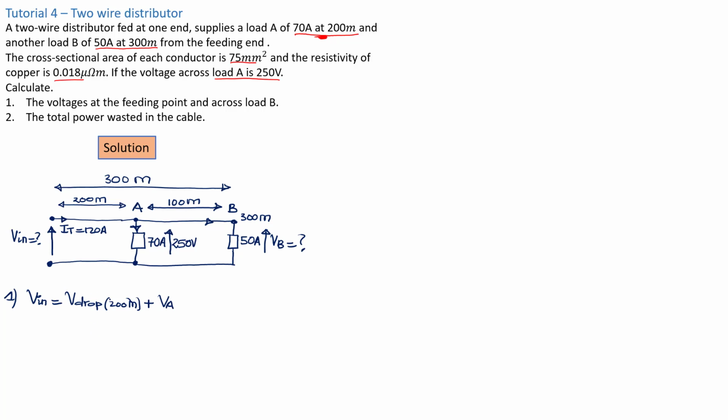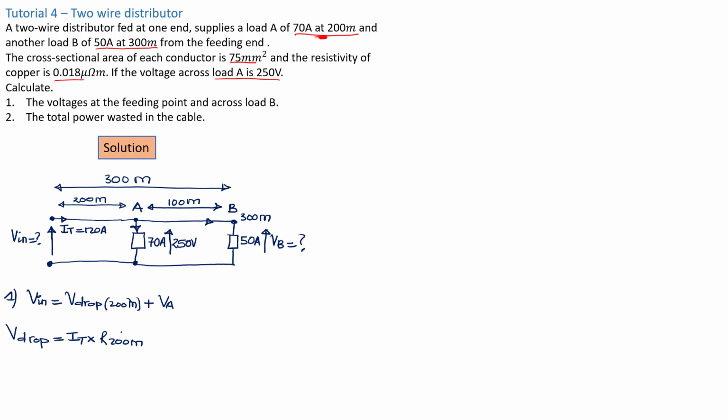But now we do not have the voltage drop. Well, we know that the voltage drop, V drop, is proportional to the current that is flowing, that is IT, times the resistance of that particular cable, right? So that is going to be R 200 meters.